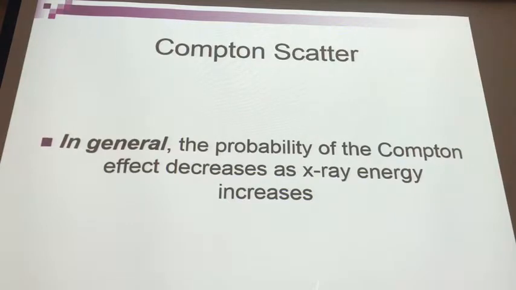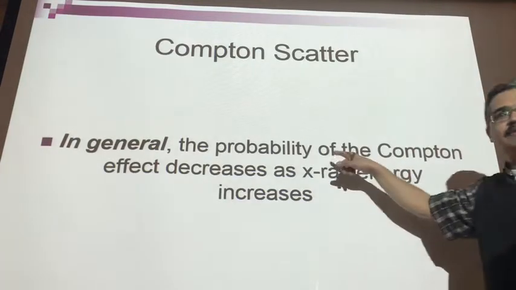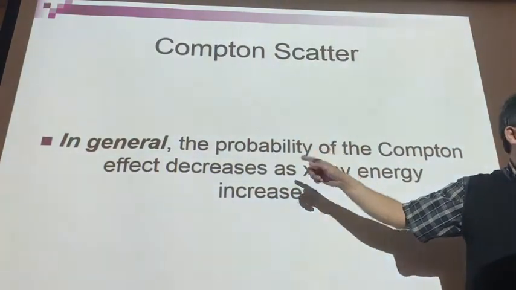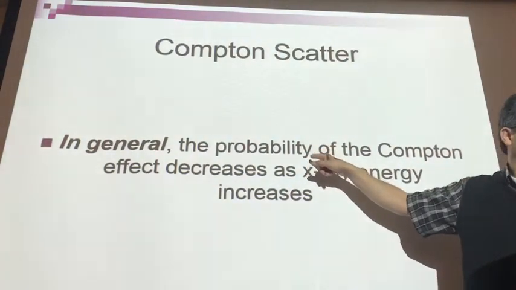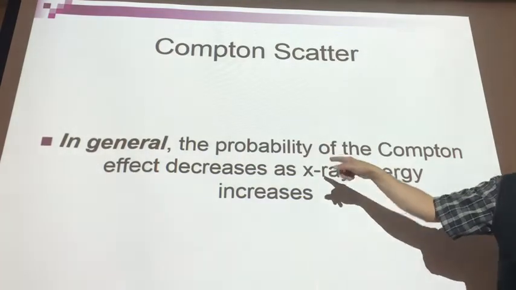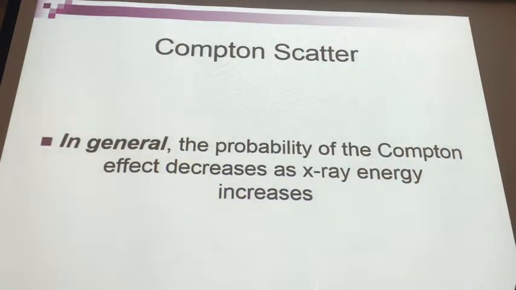Why? Because with the first statement I'm saying, you increase your kVp, less Compton scattering is happening. However, on your image receptor, you see more.